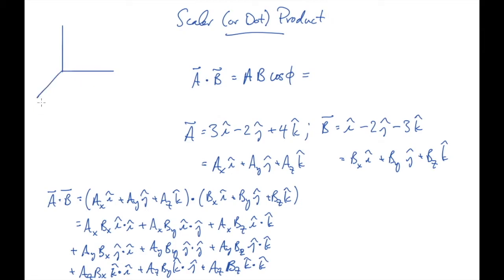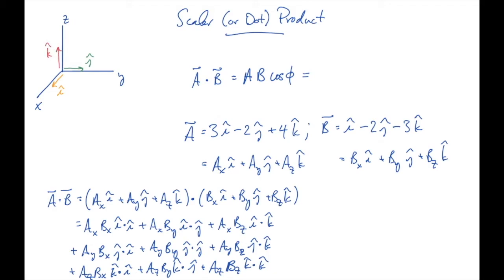So in 3 dimensions, we have X, Y, and Z. Now i hat is a unit vector, has a length of 1 in the X direction. So i hat looks like this. j hat is a unit vector, length of 1, in the Y direction. So it looks like this. And k hat is a unit vector, length of 1, in the Z direction. So it looks like this.